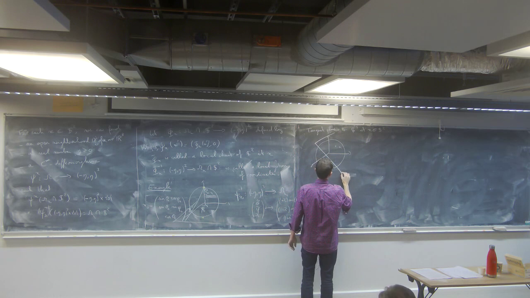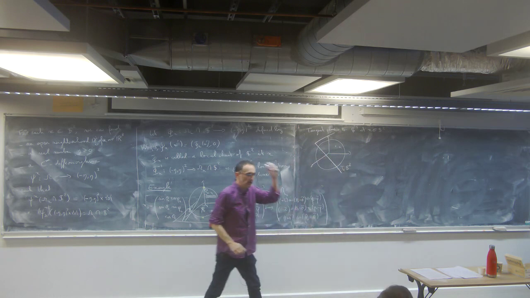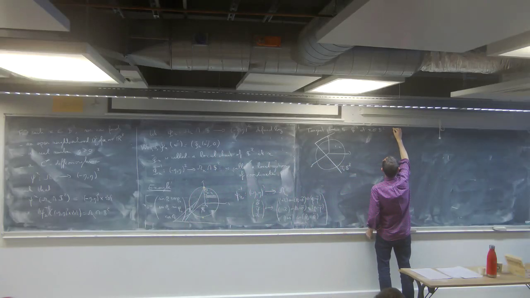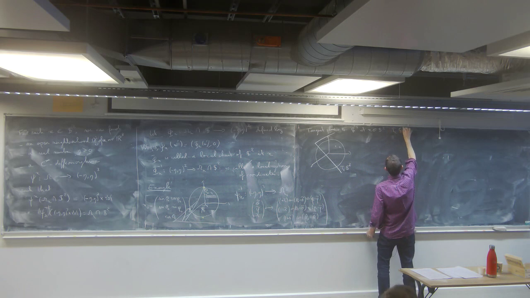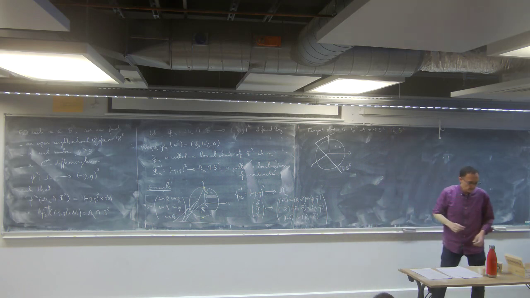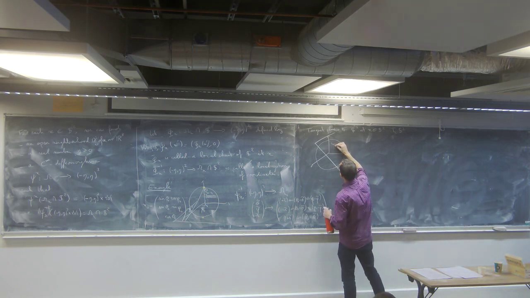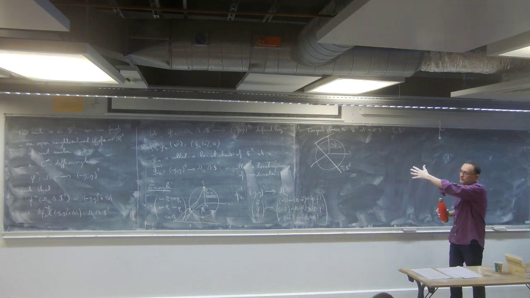This is called T_x S2, the tangent plane at x. So it's a set of vectors which are like that. When you have this picture, it's quite easy to understand what is a tangent plane.